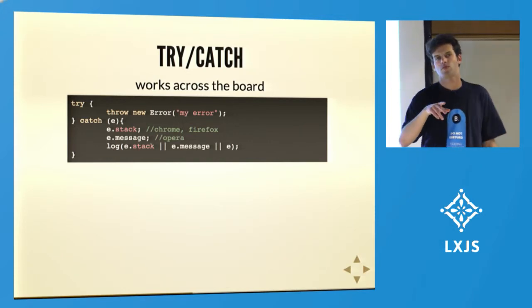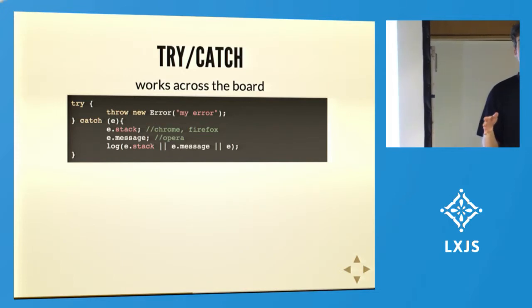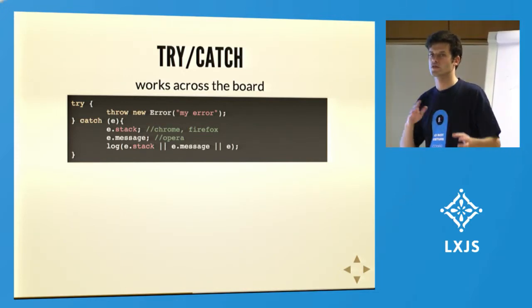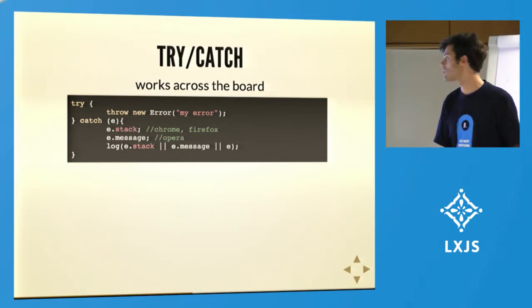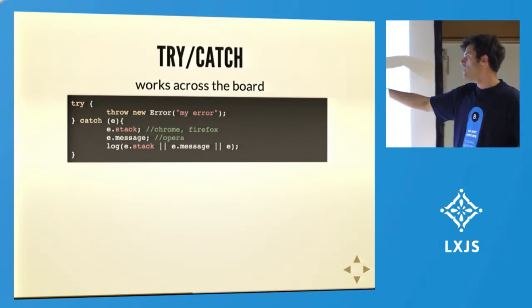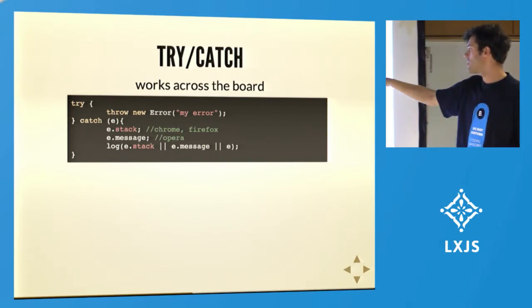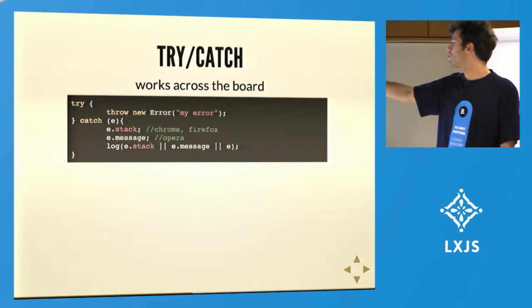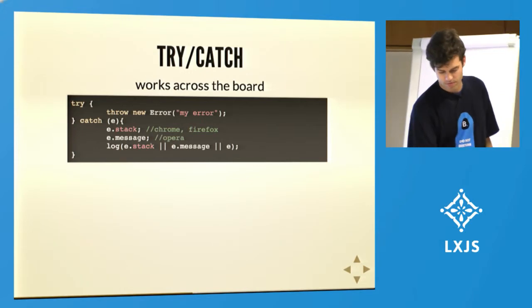There are also tools like stacktrace.js that allow you to put a cross-browser stack trace of all the calls, with a cost, of course. You can get it from e.stack, on the error that arrives in the catch, and e.message, and then you can log whichever is available.